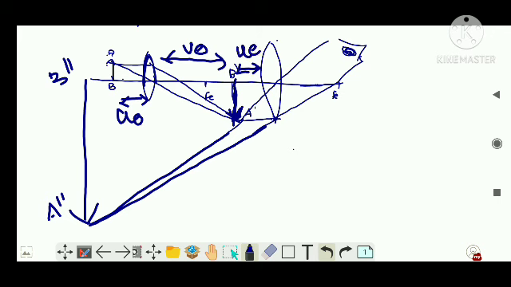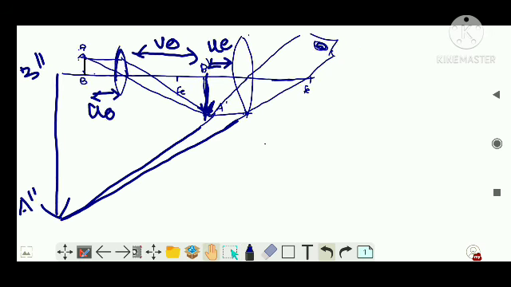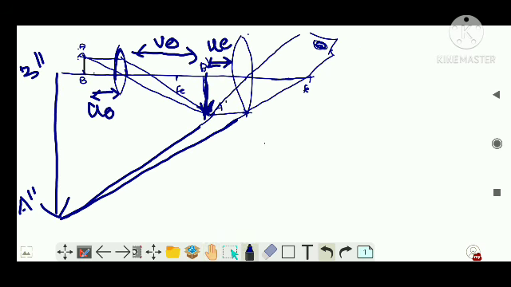This much clear? Now, some of the terms I'm going to write here. Let's say this is the object for our eyepiece. Let's say this angle is beta. Why? See, this is the actual image that is subtending an angle beta to your eyes.